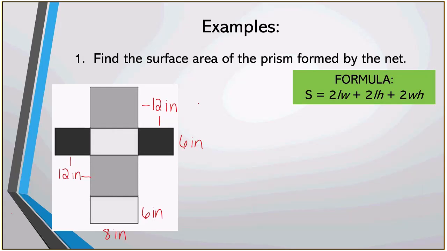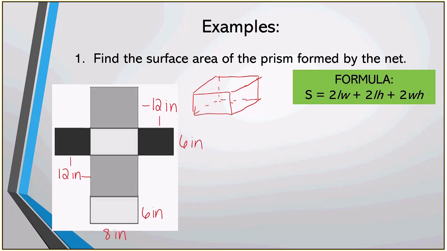But if I were to try to draw this rectangular prism, we'll just draw it in here like this. Oops, that back piece wasn't very wide. There we go, that's a little better.